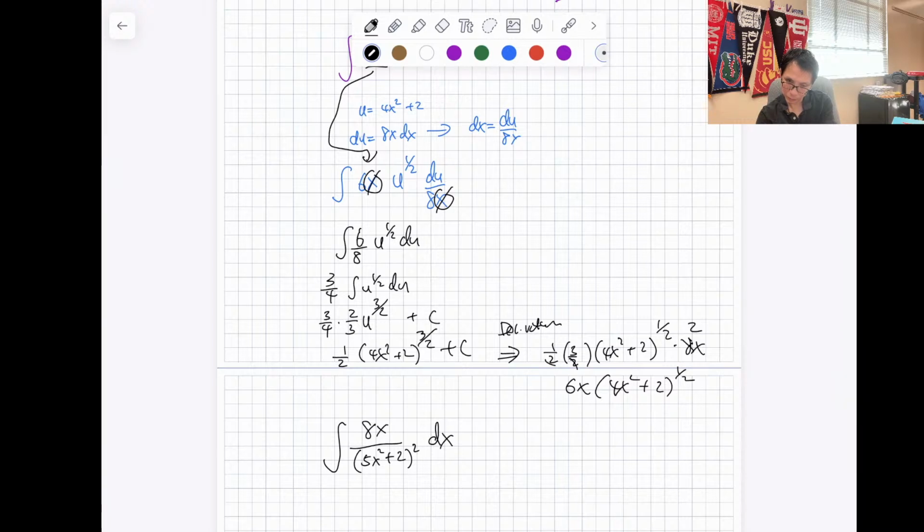To the negative. For the final, yeah, I put dx equals du over 10. You're not done. 8x u to the negative. Keep going. 8x u to the negative.